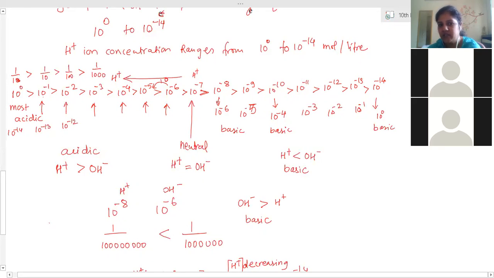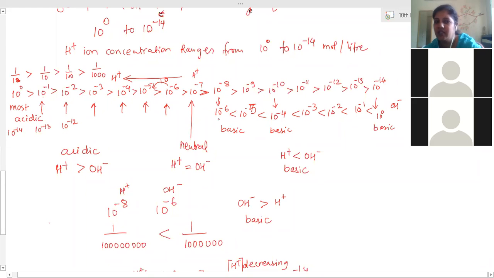Here the OH minus ion concentration goes on increasing in this way. 10 to the power minus 6 is the lesser one, the least.